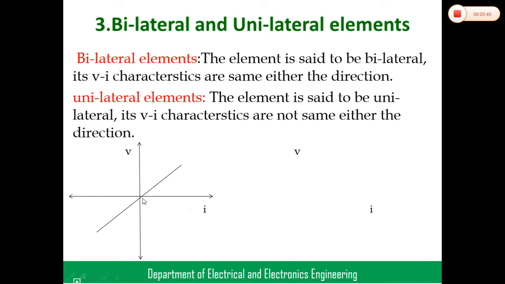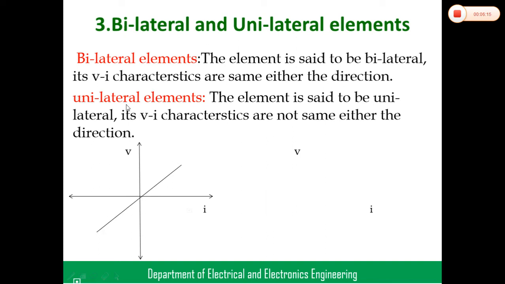The same characteristics of V and I appear here also, in the first quadrant and the third quadrant. So whether the current passes in the positive direction or the negative direction, the characteristics are the same.